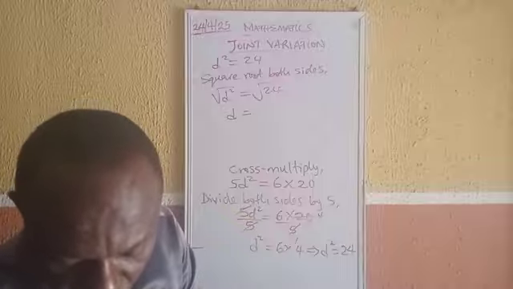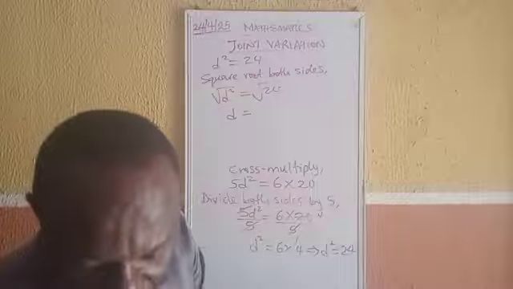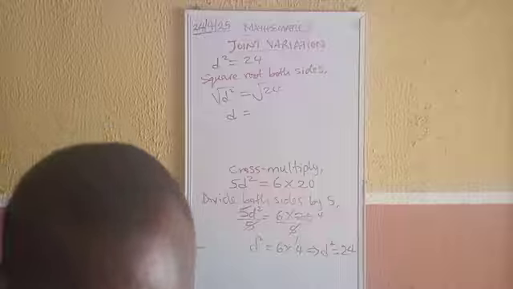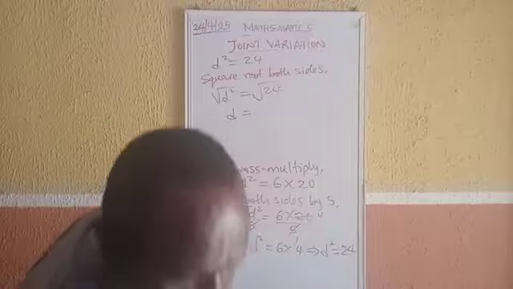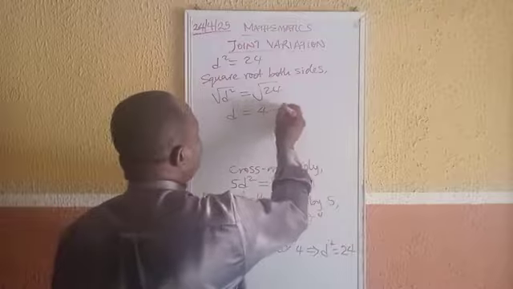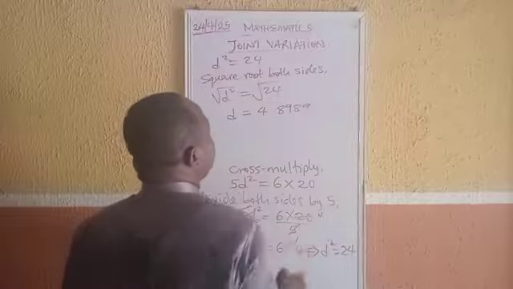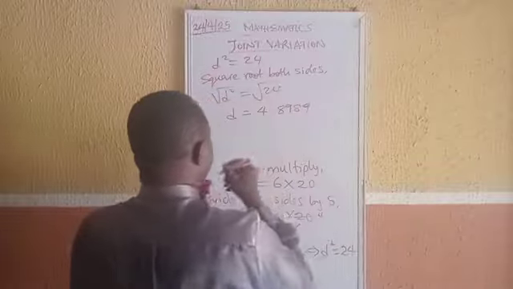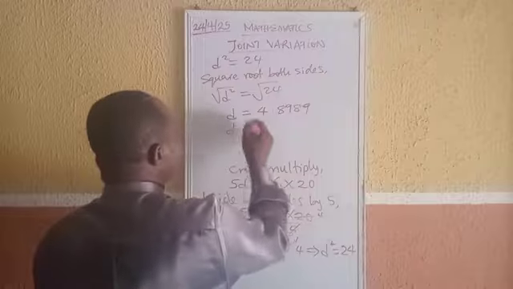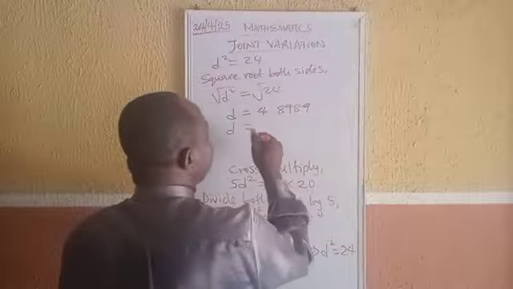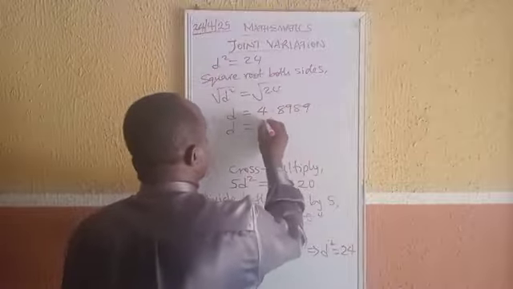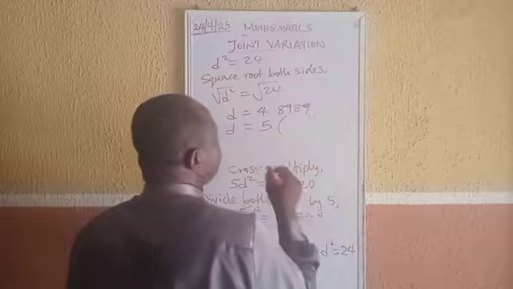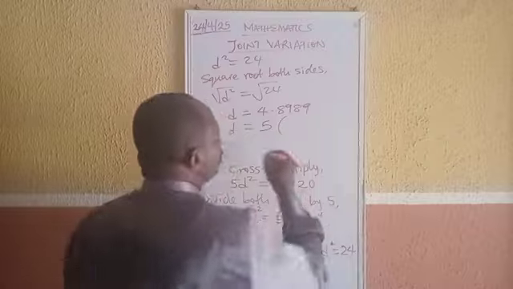Square root of 24, we have the value as 4.8989. That will be d. We approximate to the first significant figure. d will be equal to 5. Always show your approximation so that your examiner will know what you did.